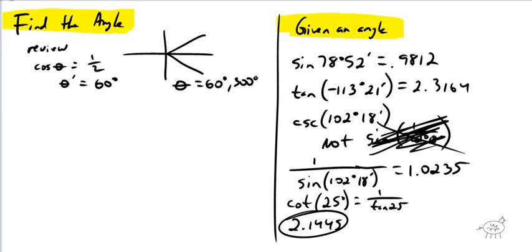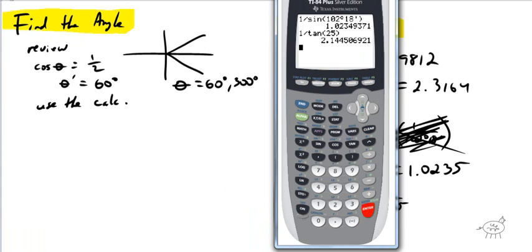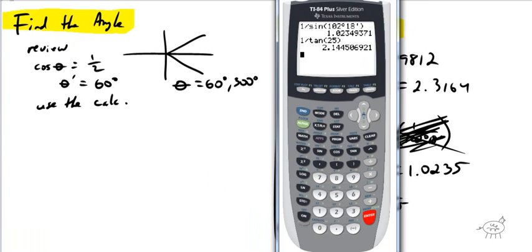All right, and now using the calculator, watch what I'm going to do. I'm going to bring the calculator back up here, and let's move this over. All right, so let's clear this out here.